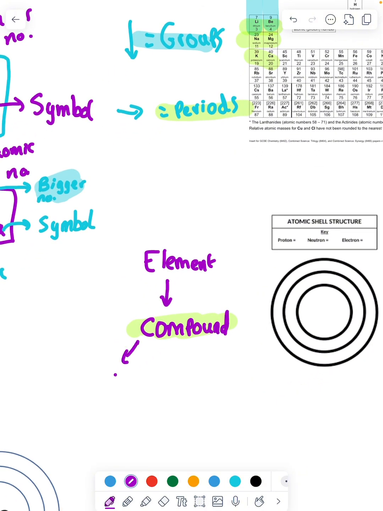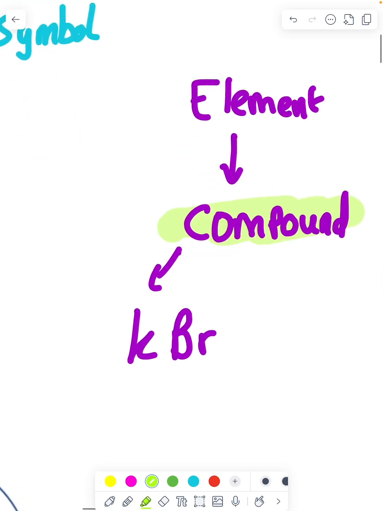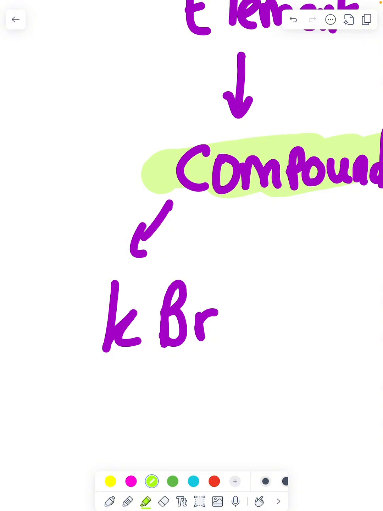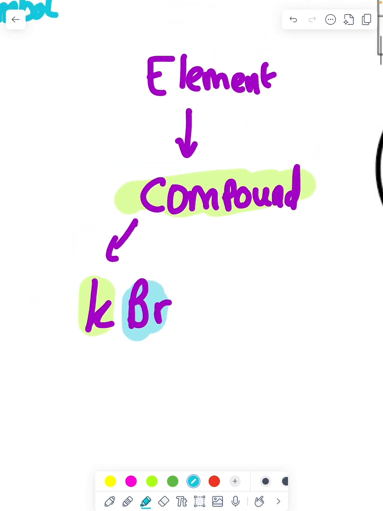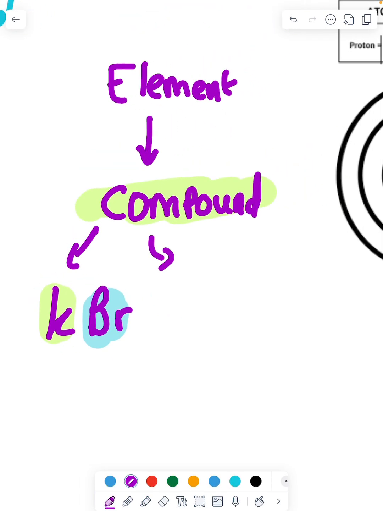An example of a compound is KBr, potassium bromide. If you went looking for KBr on the periodic table, you wouldn't be able to find it, but you could find potassium and you could find bromine.